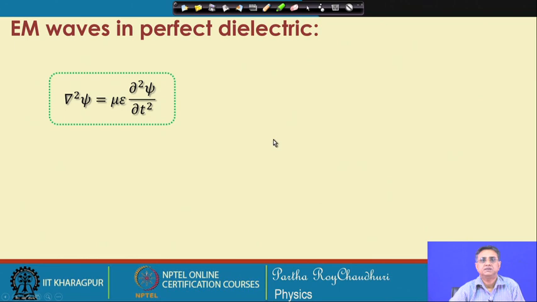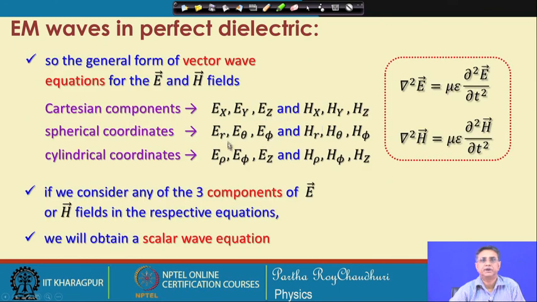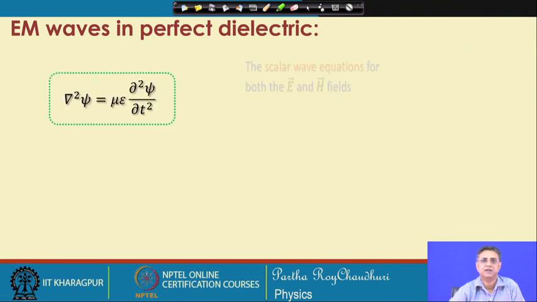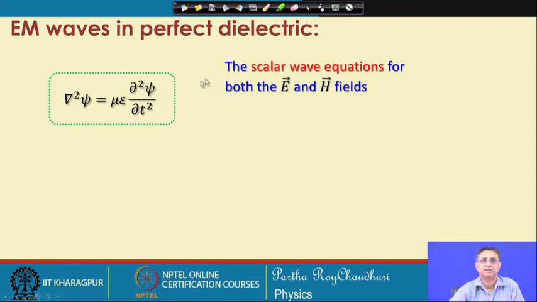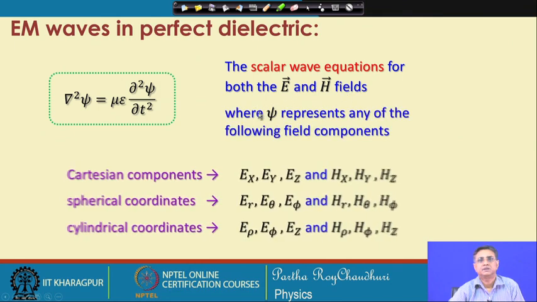Now, because all the 6 components of the electric and magnetic fields can be represented by these two equations, we can generalize and write one compact single equation for that in terms of psi. So, the equation for psi will represent the scalar wave equation, where psi can take up any value of E x, E y, E z or H x, H y, H z.